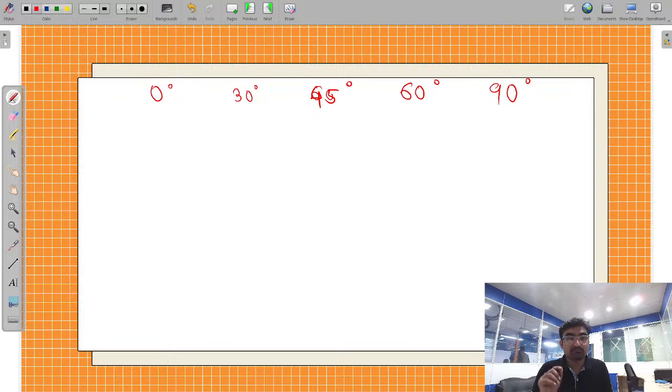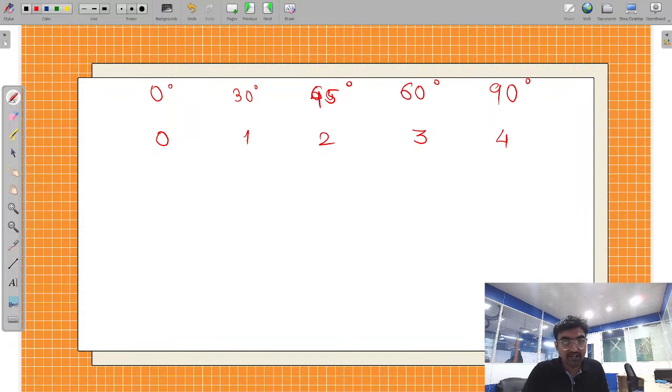But there's one trick: you don't have to remember all these values. I'll give you a trick by which you can remember the table. Okay, fine. So we'll start with how to make that table. Just start by writing 0, 1, 2, 3, 4, correct?